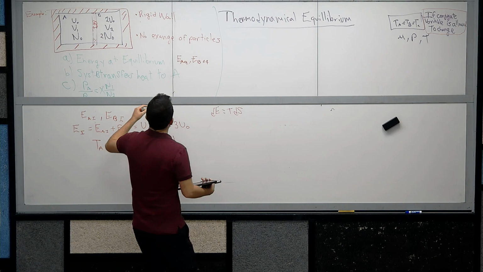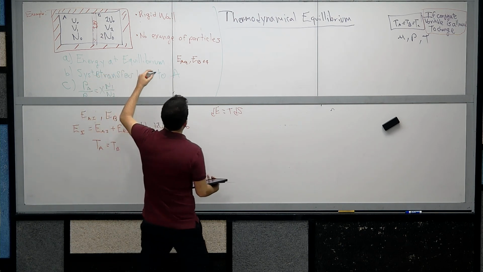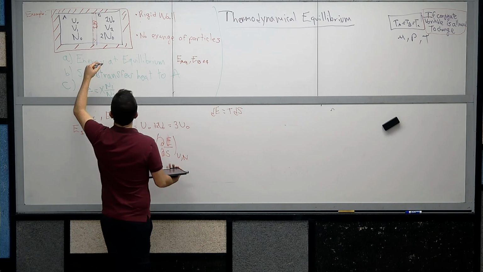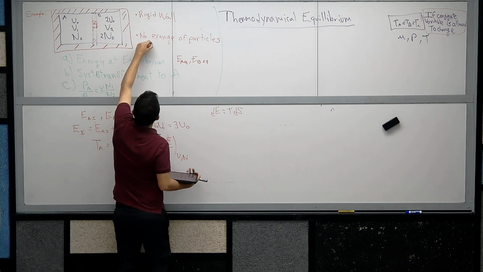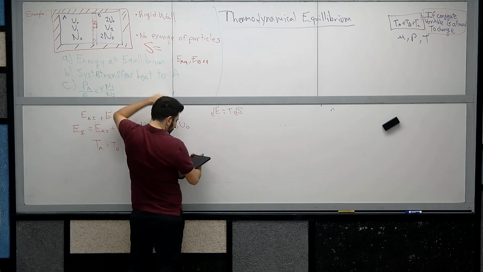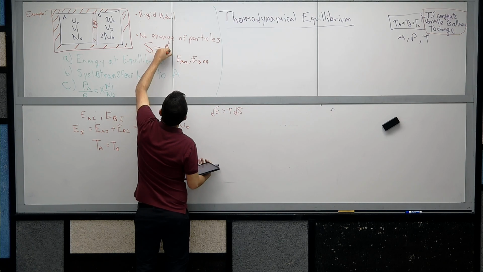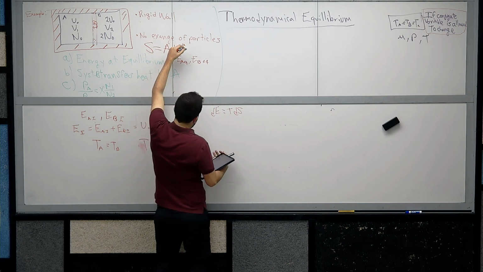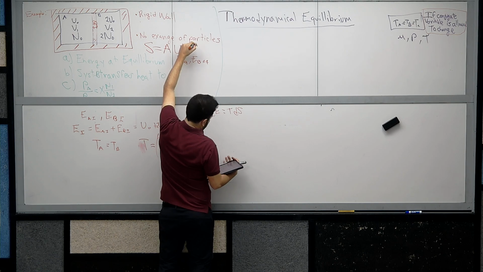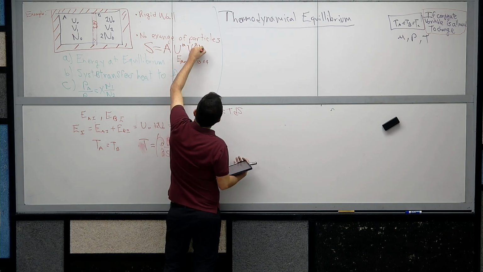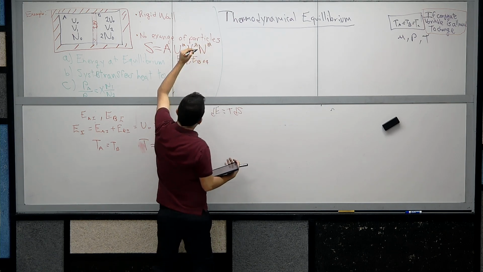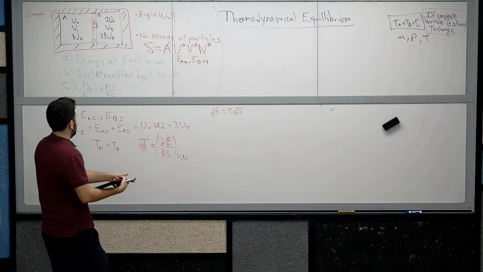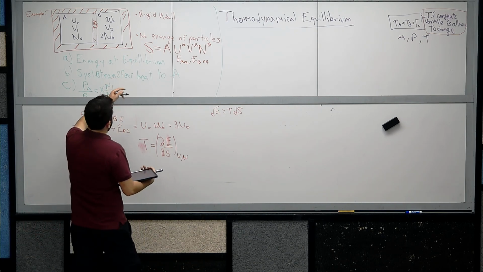Sorry, I forgot to tell you that here the entropy, let me put it here, is given by this function. Okay? So we just perform the derivatives.